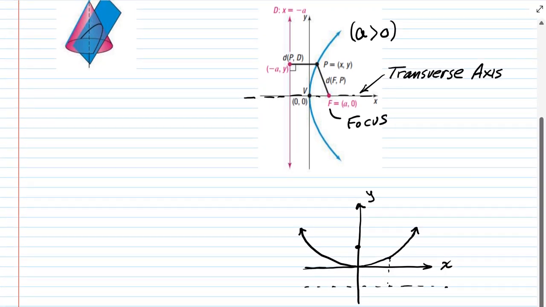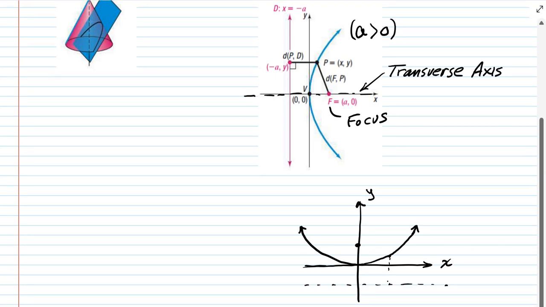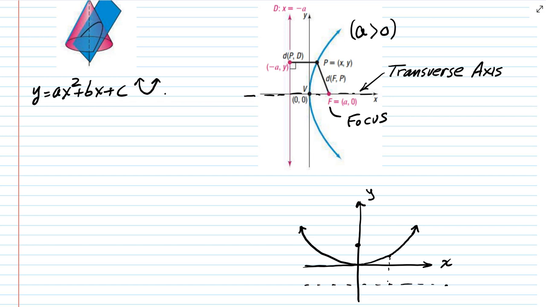Now, let's actually derive the equation for the parabola. Remember, we know the polynomial form ax squared plus bx plus c. We're aware of that form. These give us parabolas with a vertical axis of symmetry that look like that if a is positive, and like this if a is negative.